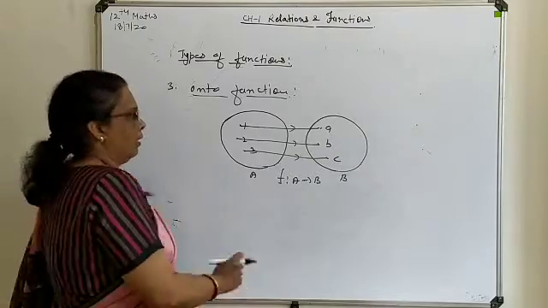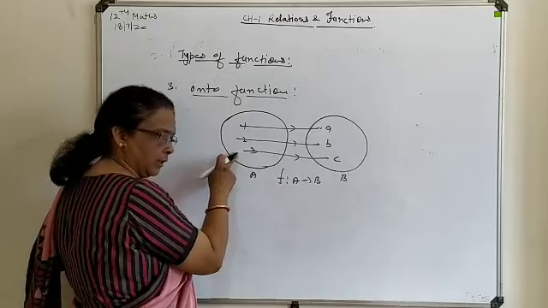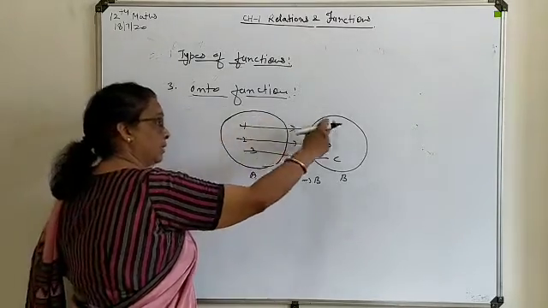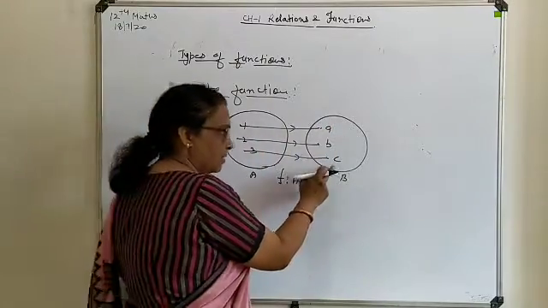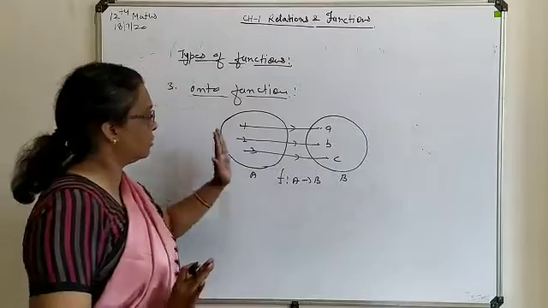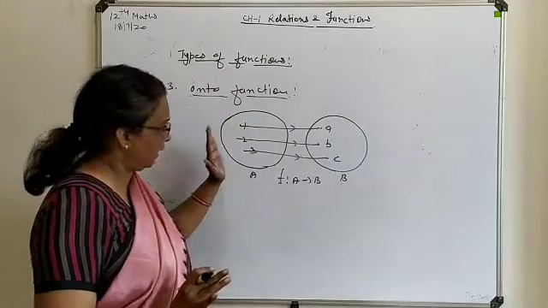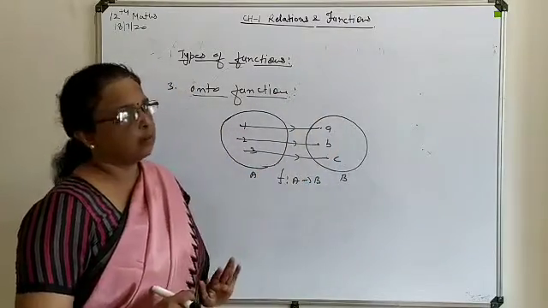Means for each element of set A, we have a single image in set B, and none of the elements should live in set B which is not an image of a set A element. So it should all be covered as an image.